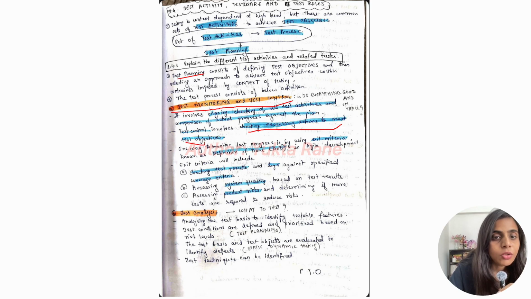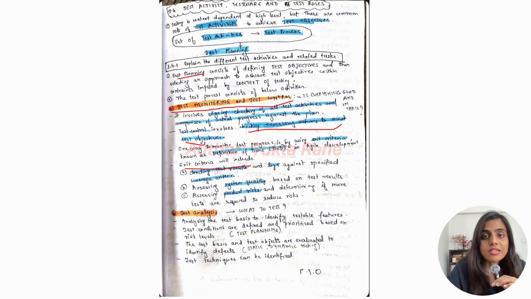Now, one way to measure test progress is by defining the exit criteria, which is nothing but the definition of done in agile development. What is definition of done? It means you define certain criteria that need to be met in order to define the end of the task or end of the test activity. Okay, so the exit criteria will include: you will check the actual results based on the logs, and check if the expected results and actual results are aligning.